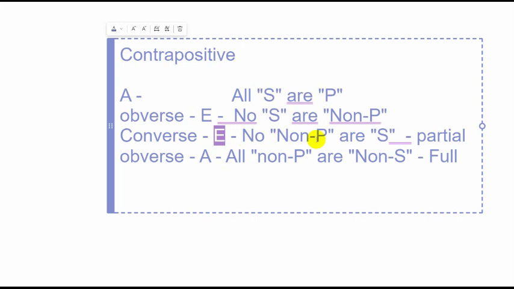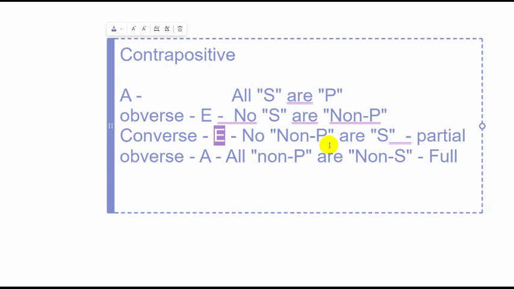No non-P. Now converse, again we have to replace the predicate and the subject. We have to interchange them. So no non-P, the predicate became the subject here, and the subject became the predicate. And nothing else changes in converse. Converse is very simple. Just replace the subject and the predicate. The A proposition turns to I proposition.